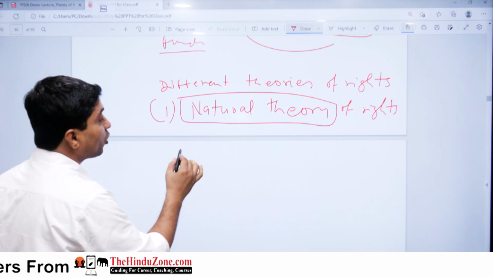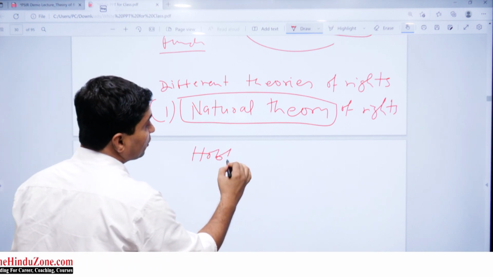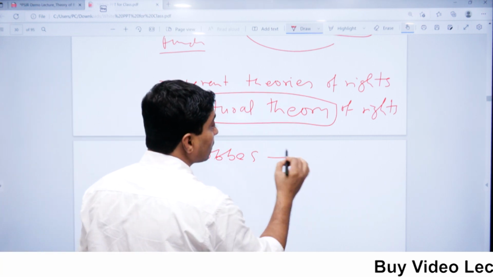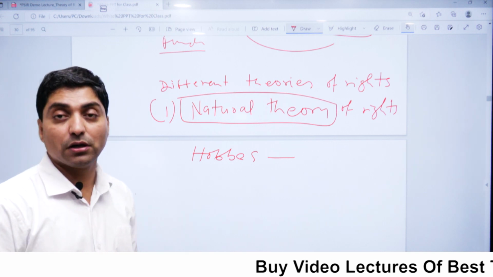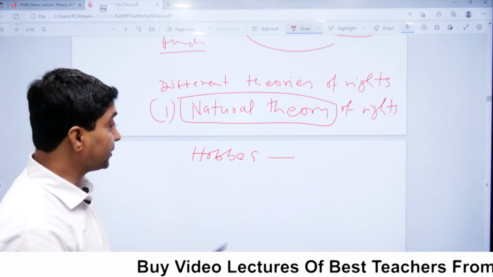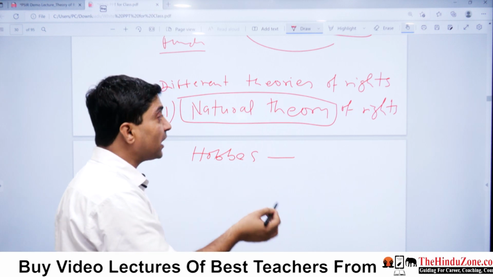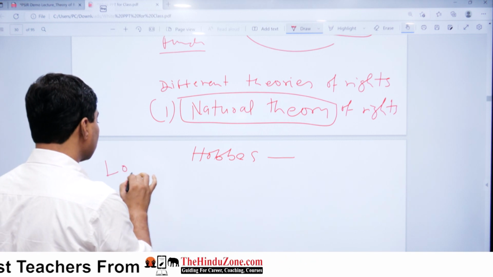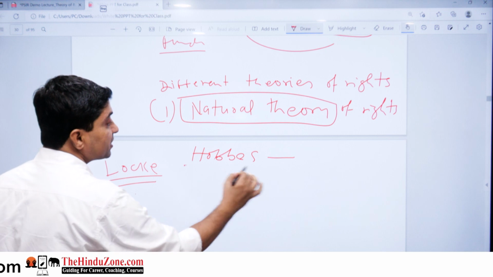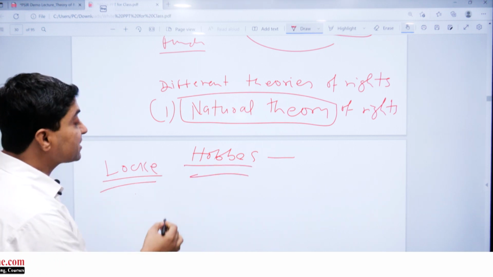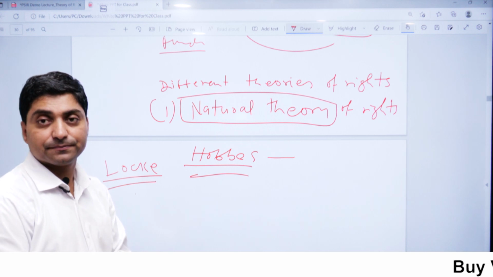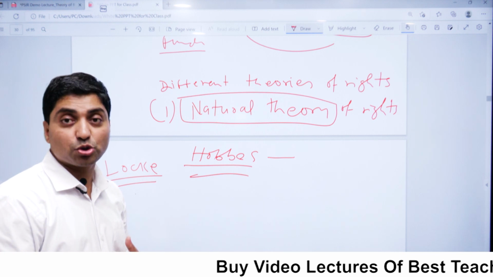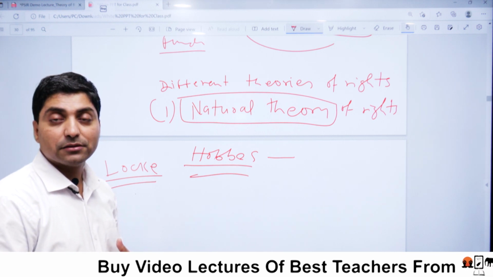Now if you look at Hobbes, Hobbes said that everybody has equal rights, or equal right to liberty. You know that Hobbes and Locke are both social contractualists. This means that for them the state is out of a contract. The state is not a natural institution, as Aristotle proposed.